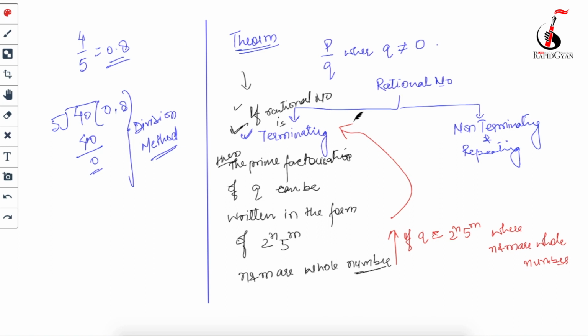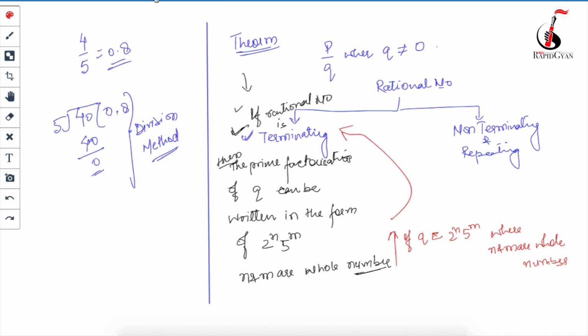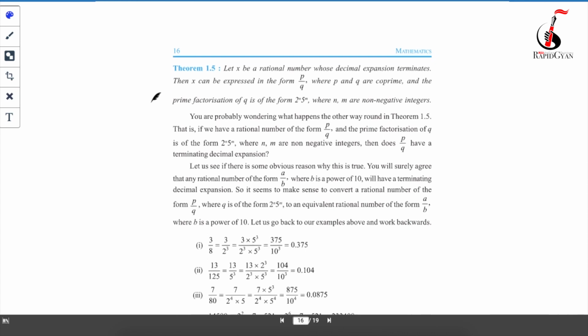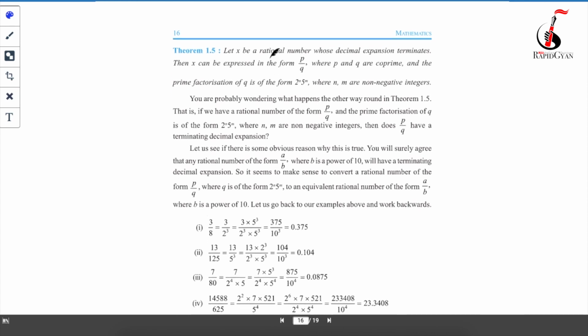I will just show this in your book. So here is your book, and this is your theorem. Read this theorem very carefully. Let x be a rational number whose decimal expansion terminates.